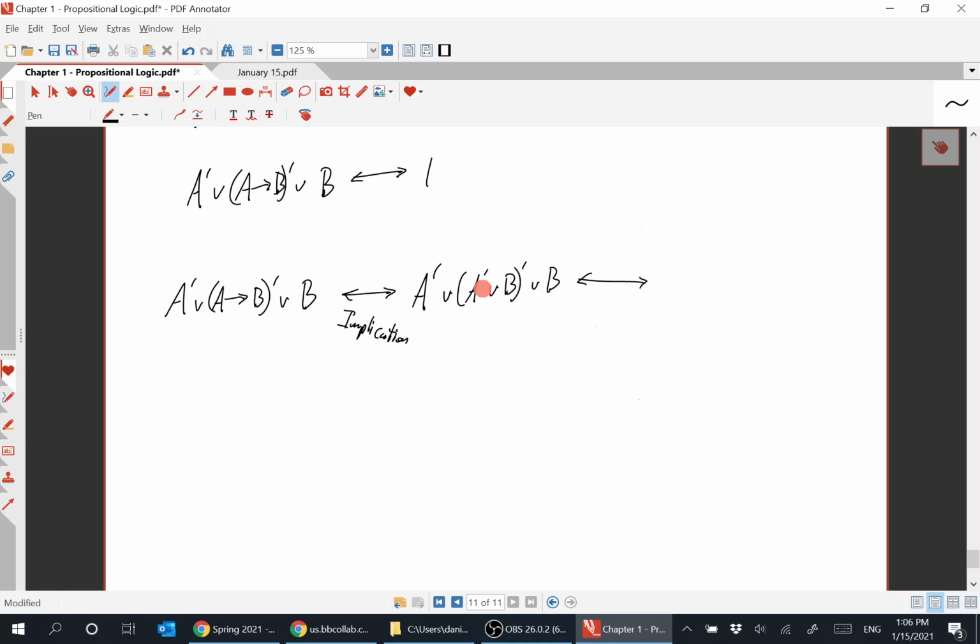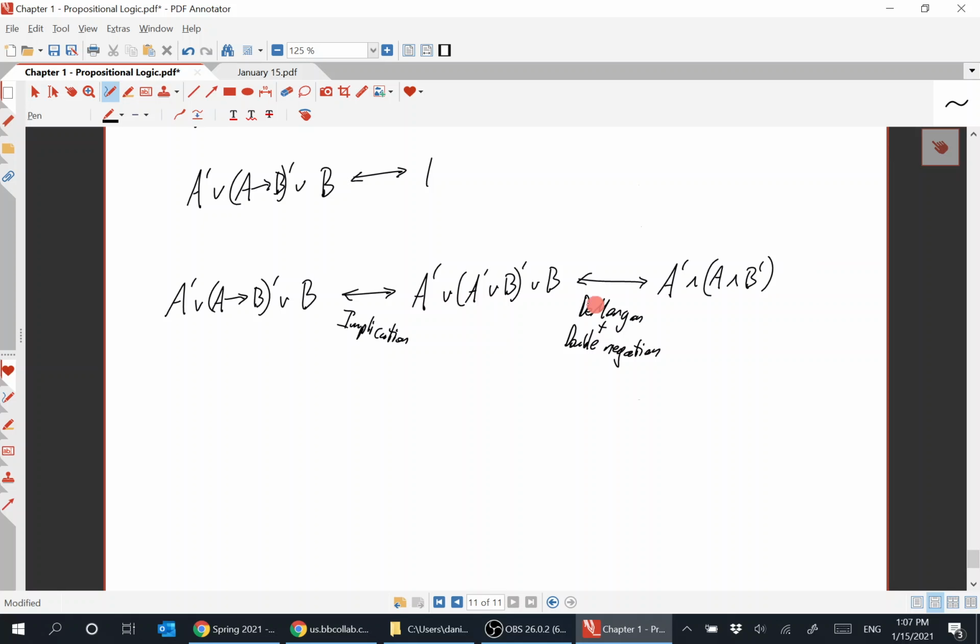So, A not or B negated, via De Morgan plus double negation, this is A not, and then what does it become here? A not not, which is just A. And then this or becomes and, and the B becomes B not.